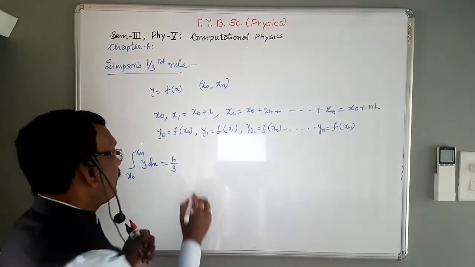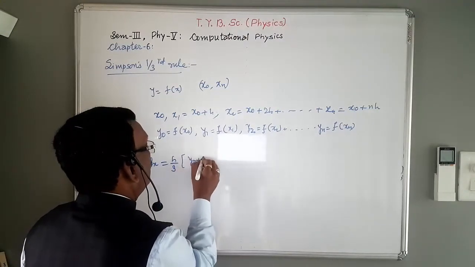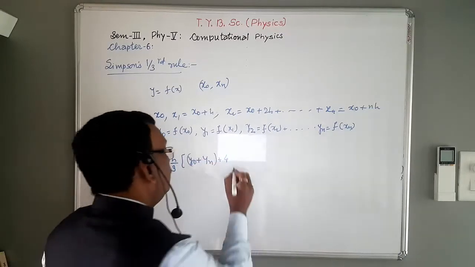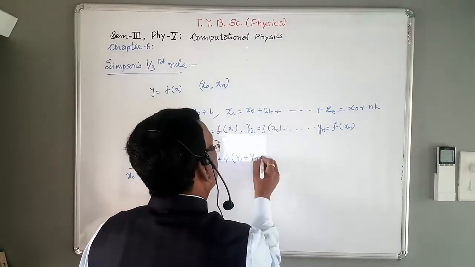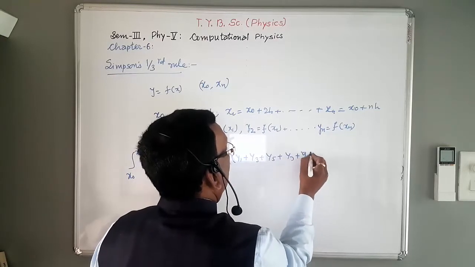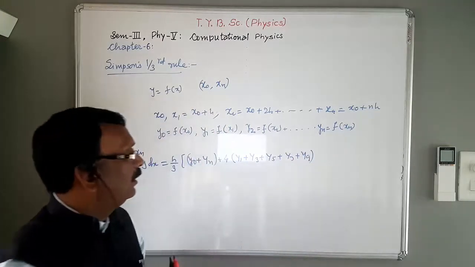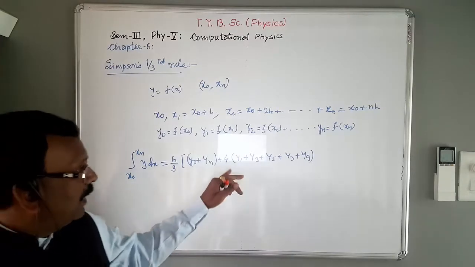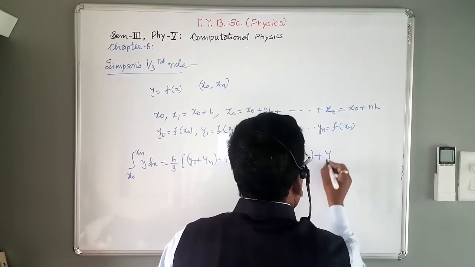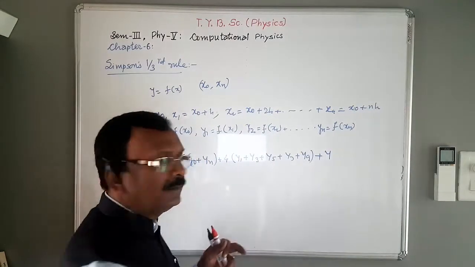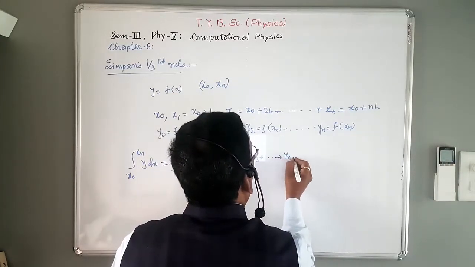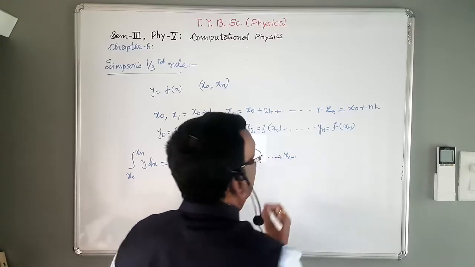Here h is the interval, then y0 plus yn plus 4 times the bracket of y1, y3, y5, y7, y9, all odd terms, up to plus yn minus 1.